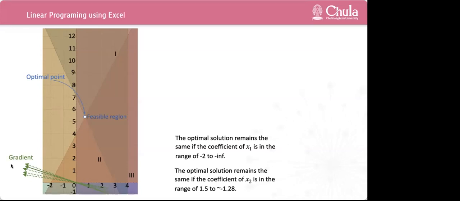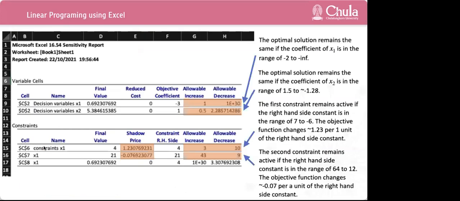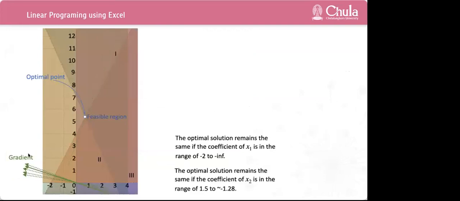When we look at the report, the coefficient can be increased or decreased, and that affects the gradient. If it changes a little bit within the allowable range, the solution stays the same, but of course the objective function value changes.